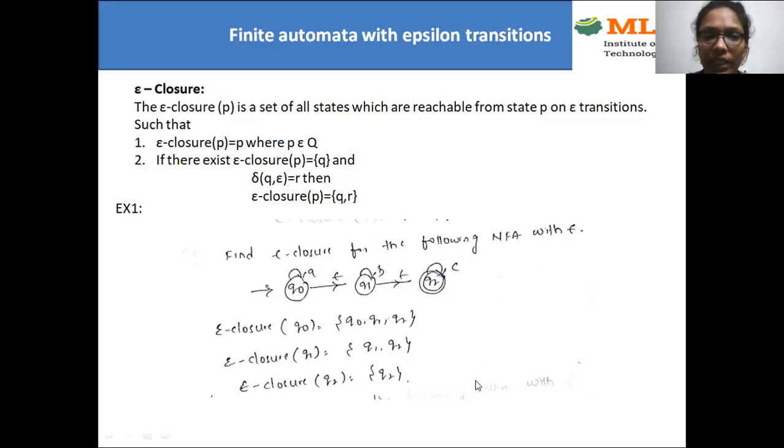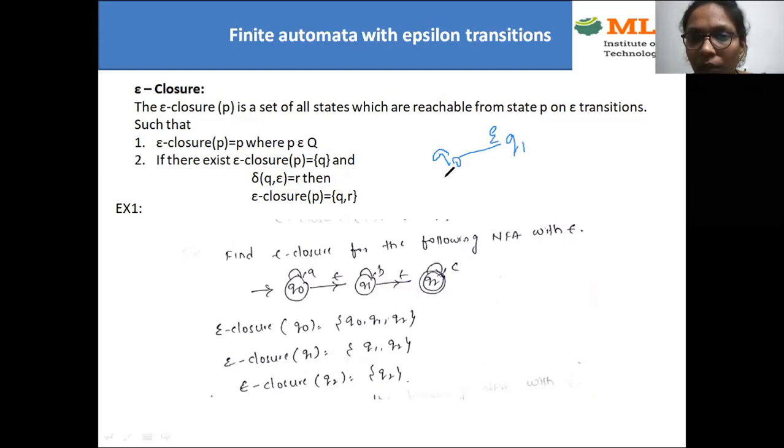So if epsilon closure of P contains Q, and delta of Q comma epsilon is equal to R, then epsilon closure of P contains Q comma R. Let's take one example. Q0 on epsilon goes to Q1.